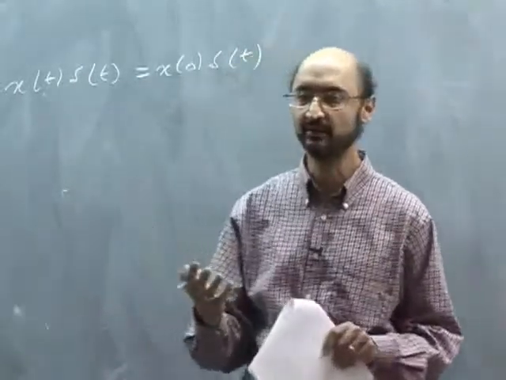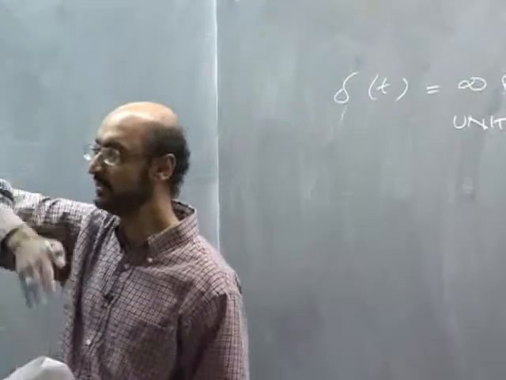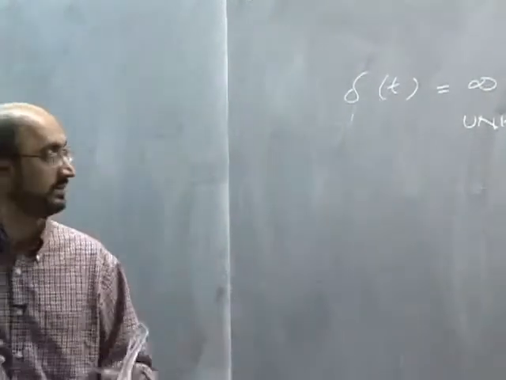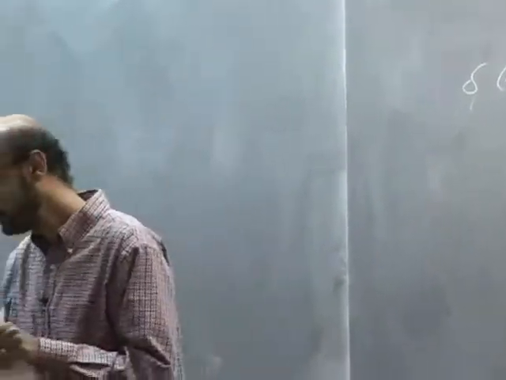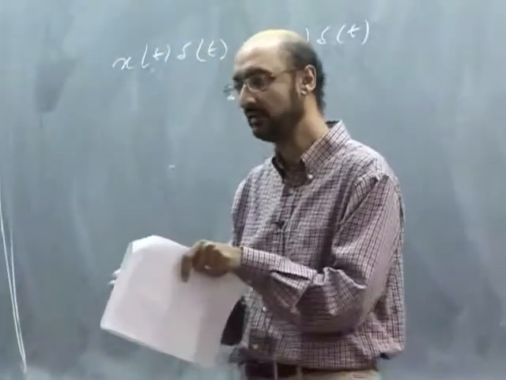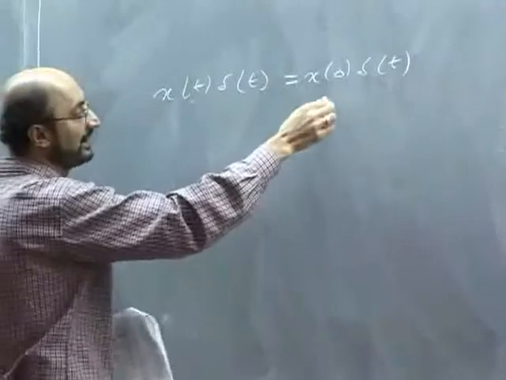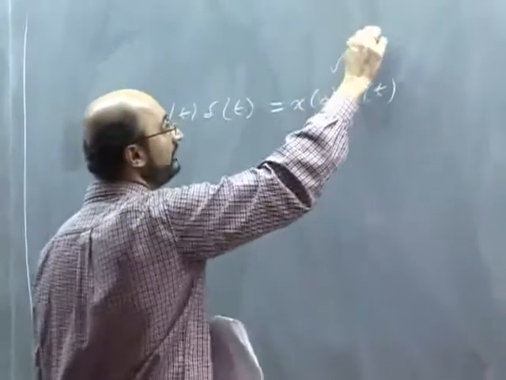So that's energy. In the same way, for the delta, the power is tending to infinity. It's going up. But because we chose the height to be 1 over t and the width to be t, the energy is only 1. Which means that x0 delta t can be viewed as having an energy of x0.